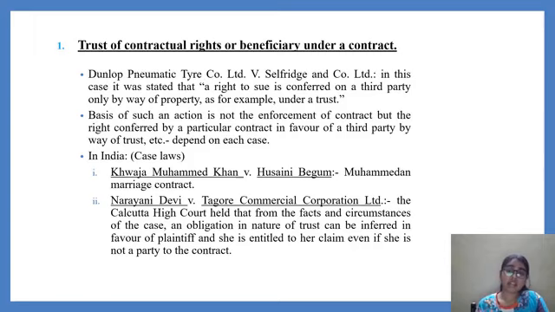So this means that if in a contract the subject matter is a property and this property is in the form of a trust or any other similar form, then a third person on whom such a benefit is conferred out of that trust, even if he is not a party to the contract, can bring an action before the court of law against such contract if there is a breach. So this is the first exception to the doctrine of privity of contract.